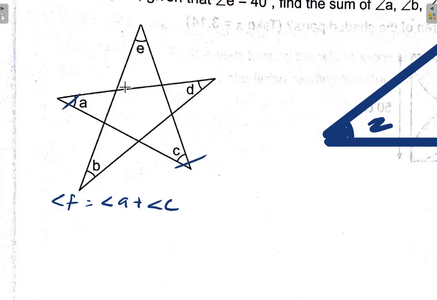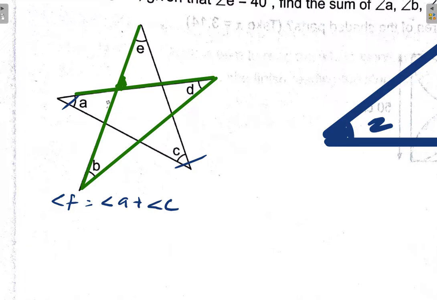Let's see. Oh, this right here. Okay, let's see. So you see this external angle here is equal to the two opposite internal angles.